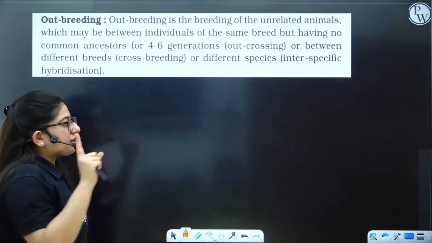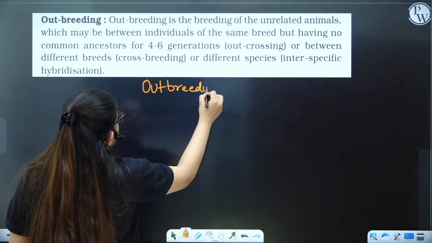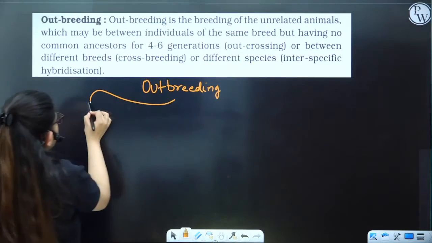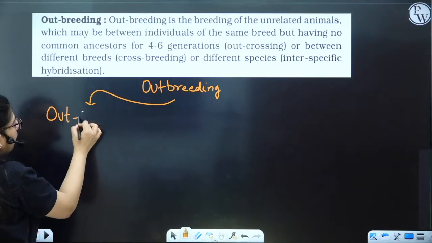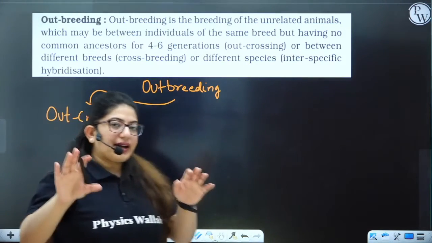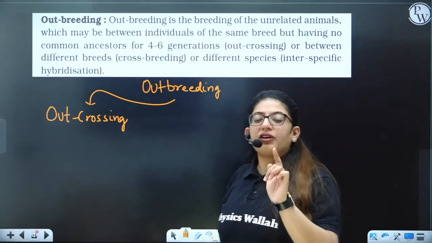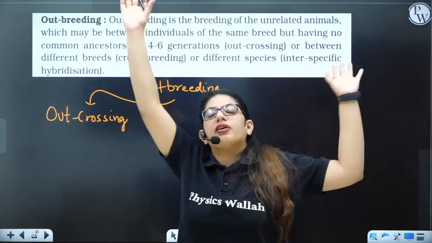In outbreeding, we have 3 types of techniques. One can be outcrossing. What does outcrossing say? The organisms are of the same breed like in inbreeding, but they are not relatives. They are far away relatives.